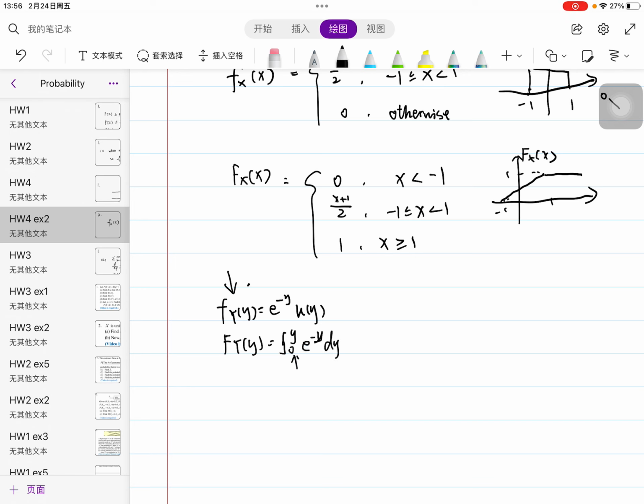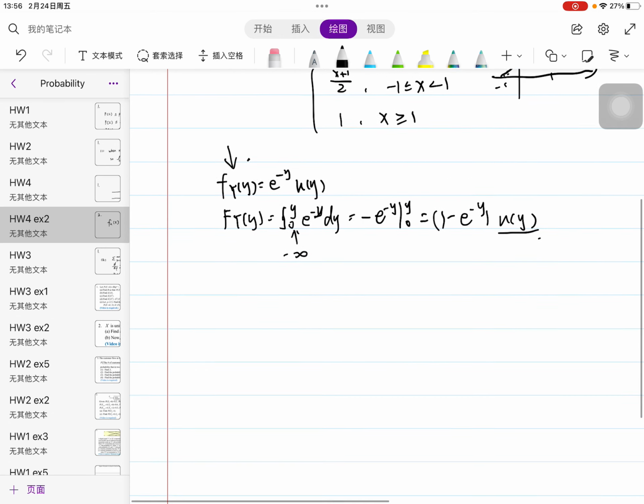So here there should be -infinity, but there is a step function, so I just replace the -infinity with 0 here. And so the distribution function of y is equal to this. And here should be a step function, right? Yeah, I just omitted it.